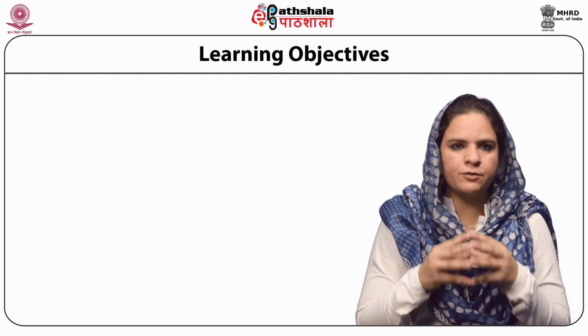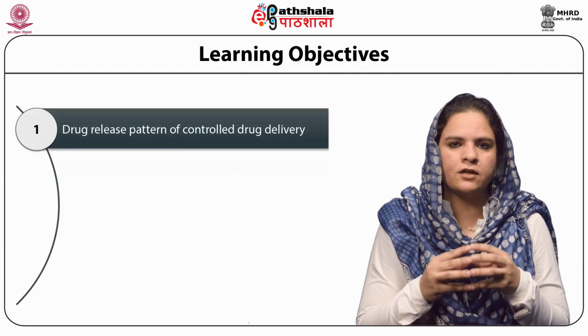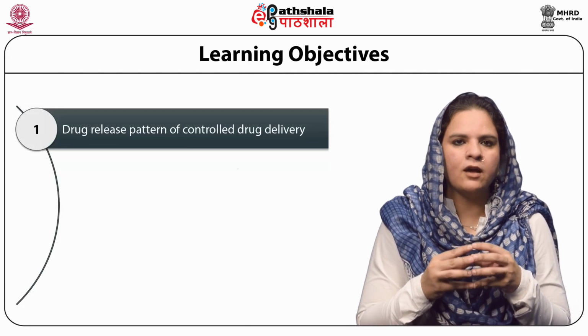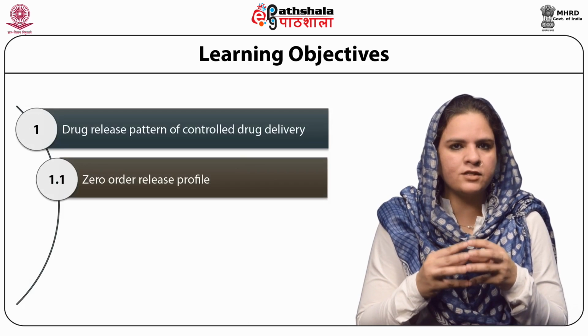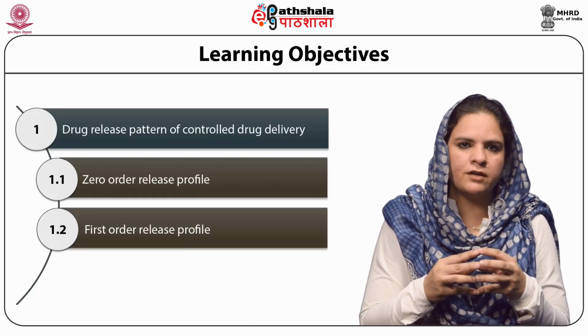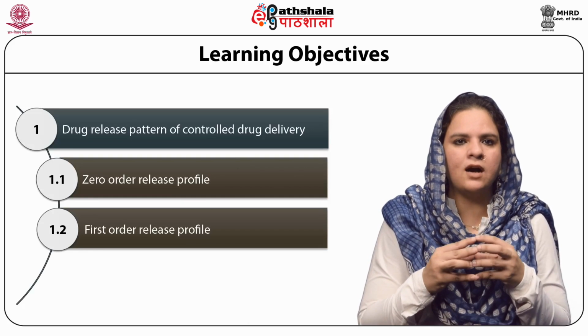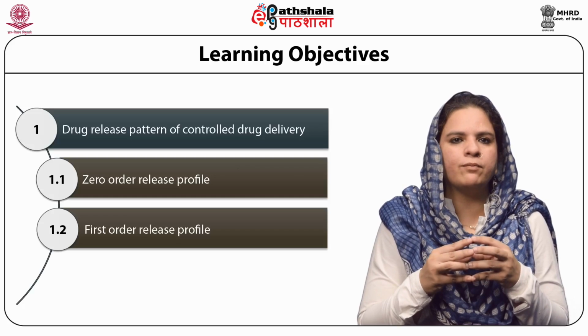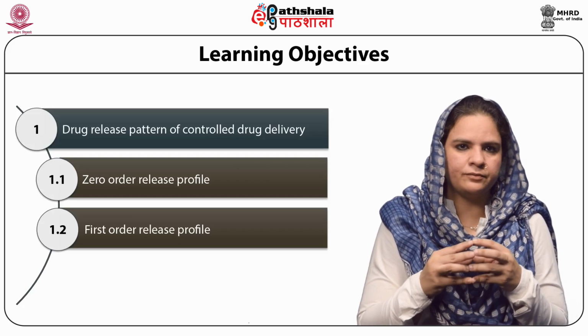The first aspect of the module would dwell upon the drug release patterns of the controlled drug delivery. We will remain limited to the zero-order release profiles of such systems and the first-order release profile. We'll try to get into the details of how it is done while we are making or manufacturing a controlled drug delivery device.